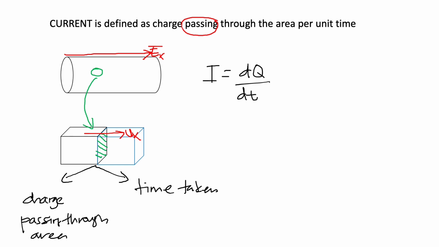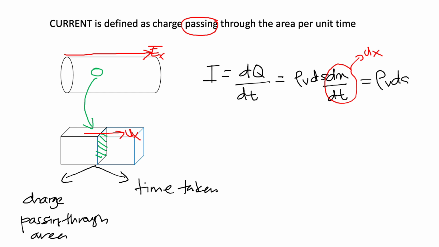This q can be replaced by rho v ds dx over dt, and dx over dt can be replaced with ux. Thus, we can write it as rho v ds ux.